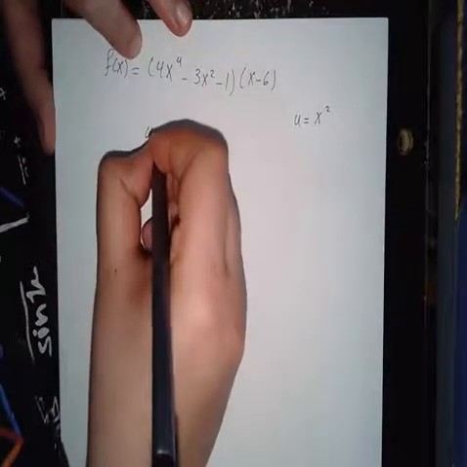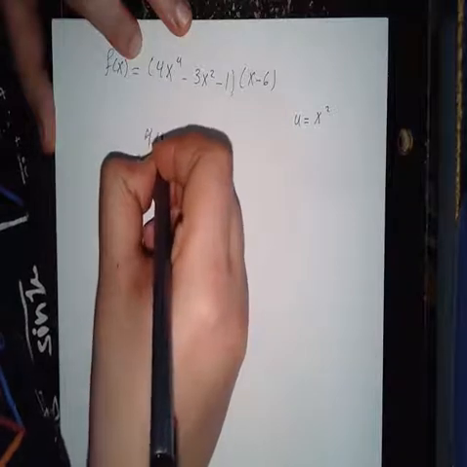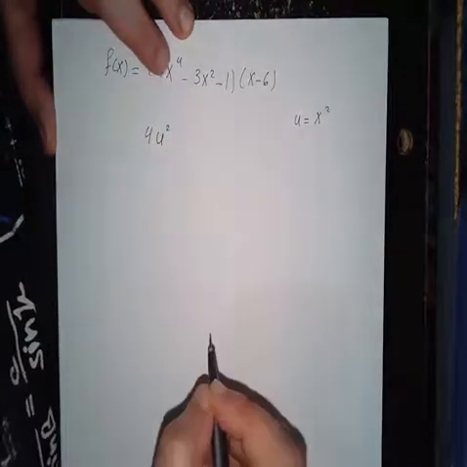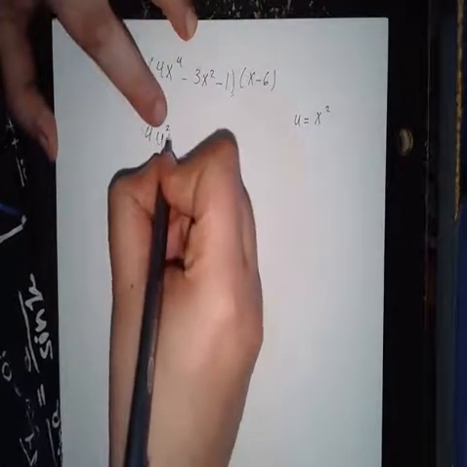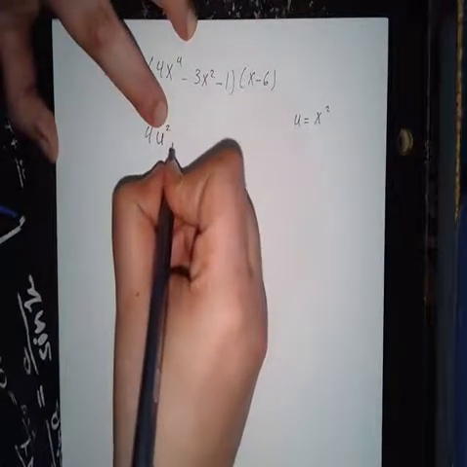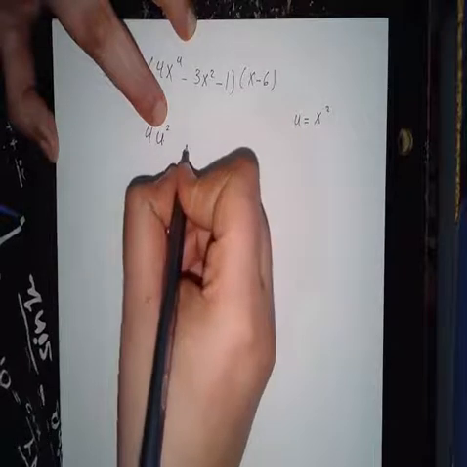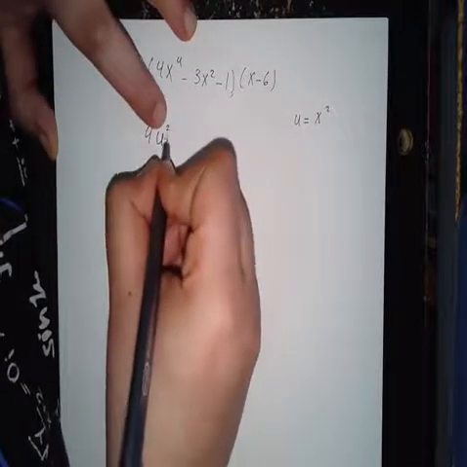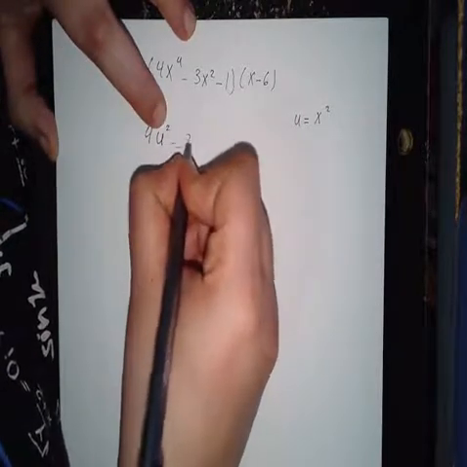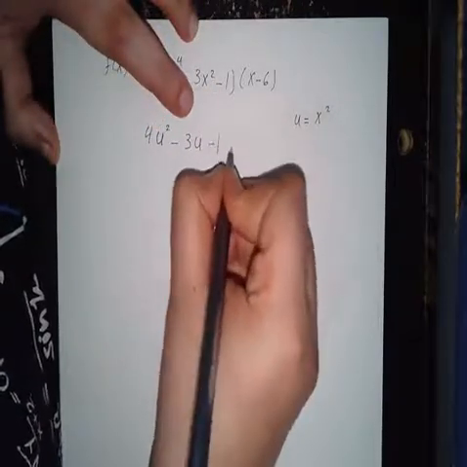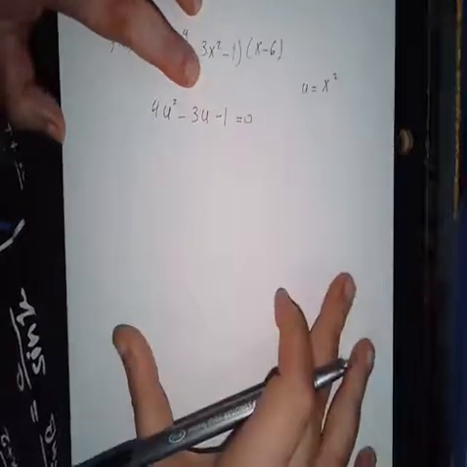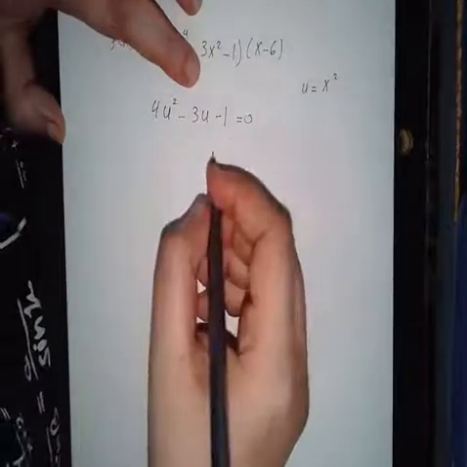You have 4 times u squared, because x squared squared becomes x to the fourth. Make sense? So 4u squared. We did a problem very similar to this in section 1.4, if you guys remember. So it's 4u squared minus 3 times just u in this one, minus 1, and then we said equal to 0. Okay? From here, I'm gonna factor.